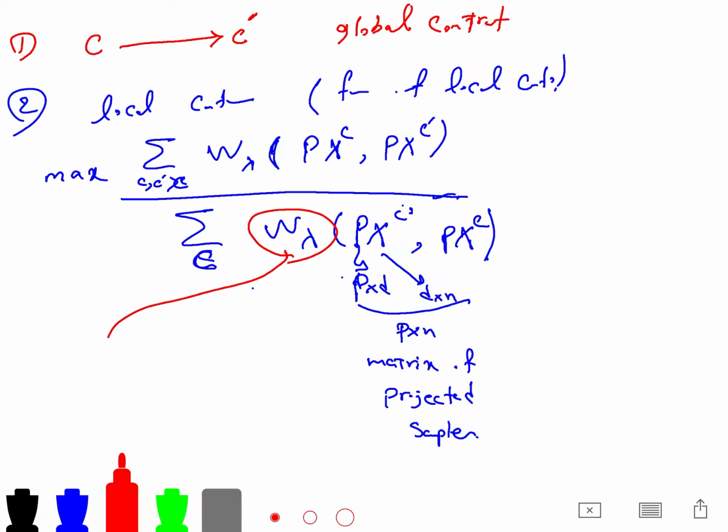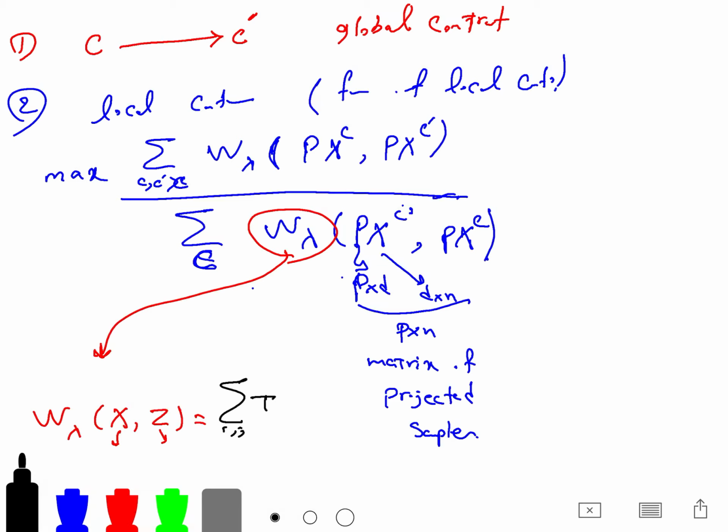And the Wasserstein distance between any two matrices X and Z, where Z is a matrix and X is a matrix, is just the sum over i and j of T star i j times the norm of xi minus zj squared.